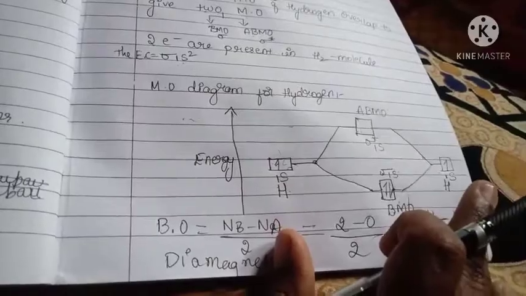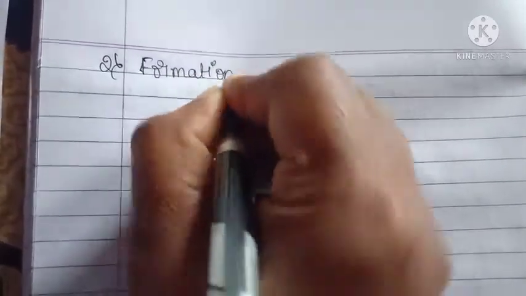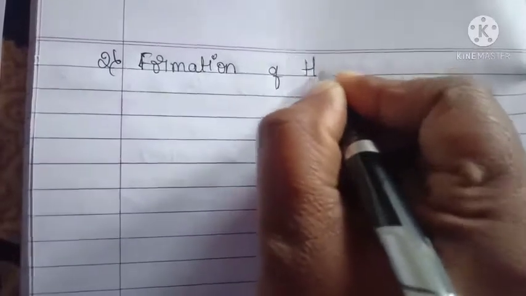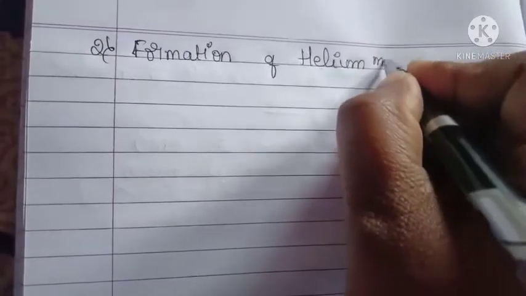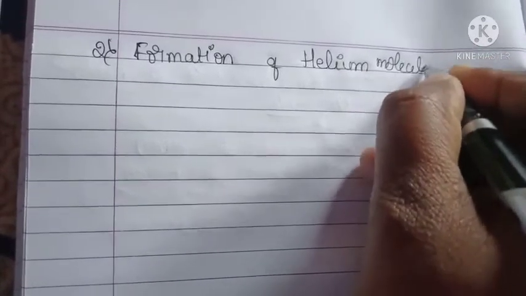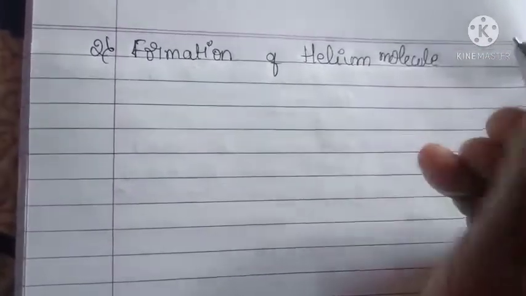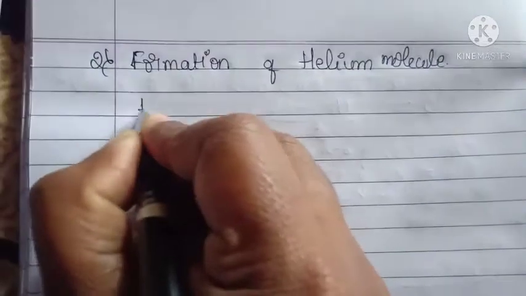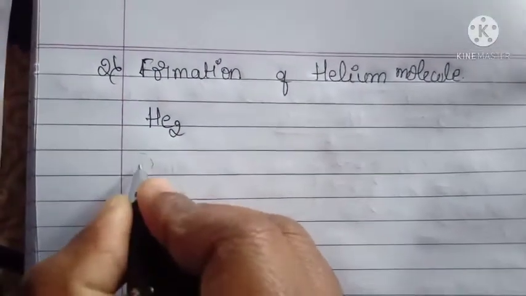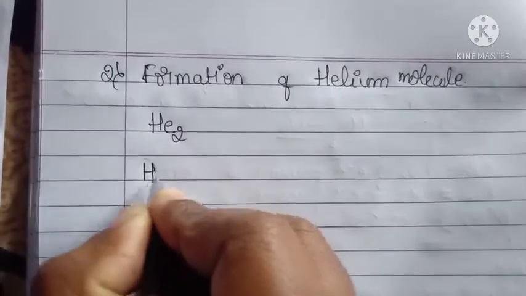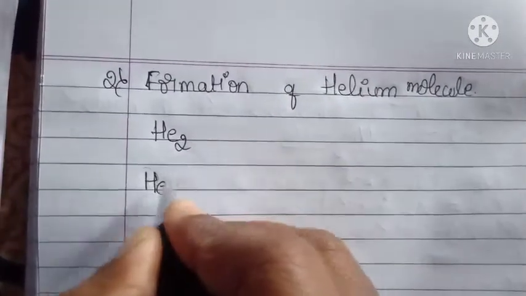Okay, next, the second one is the formation of helium molecule. Helium molecule means He2. Then you have to write the electronic configuration of helium.